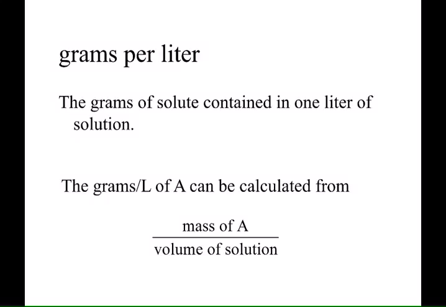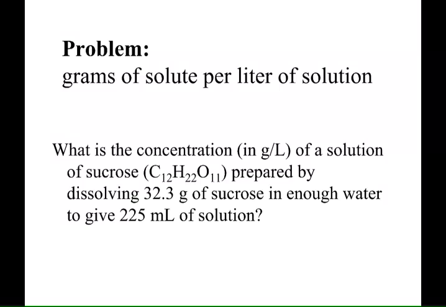Okie dokie. And now again, back to kind of Gen Chem 1. Grams of solute per liter of solution. I actually have a problem coming up here. For instance, if you were faced with this one, the solute is sucrose, and you're dissolving it in water.